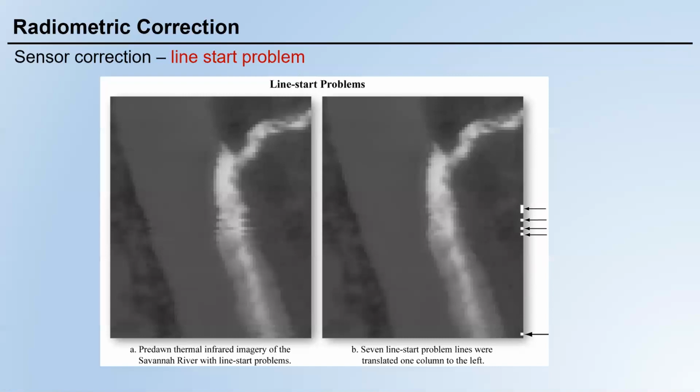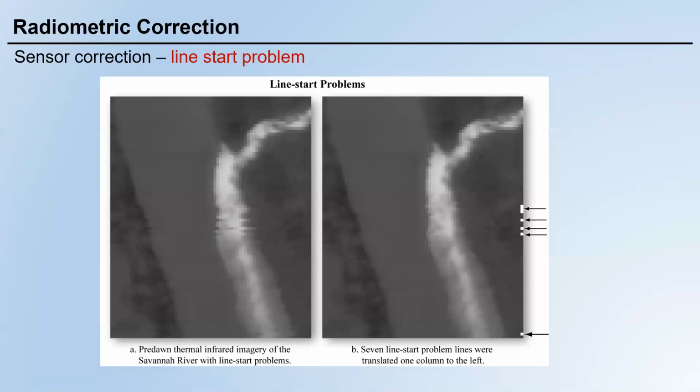If all detectors started to scan the same area simultaneously, there shouldn't be this line start problem. Some detectors started late compared to other detectors.